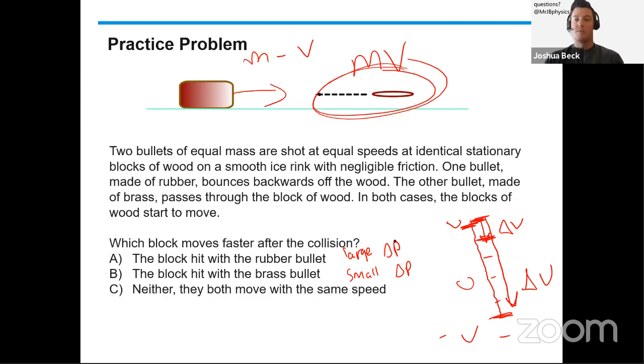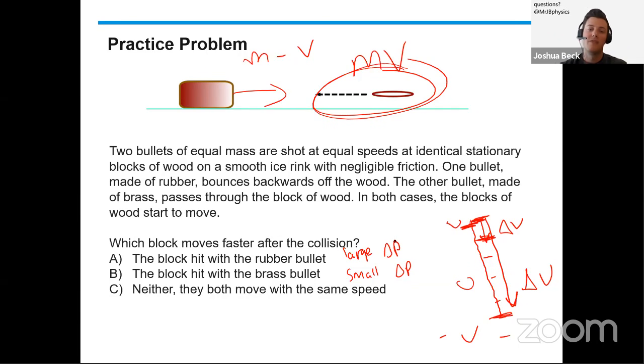Well, remember, momentum is conserved because however much the momentum decreases for the one, it'll increase for the other object. So with the rubber bullet, the momentum of the rubber bullet decreases a ton. So that means the block has to account for a massive increase in momentum. With the brass bullet, it goes through, it slows down a little bit, so it's just a small decrease in momentum, so the block only gets a little increase in momentum.